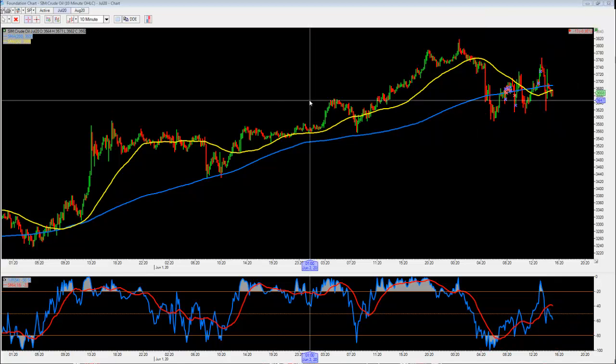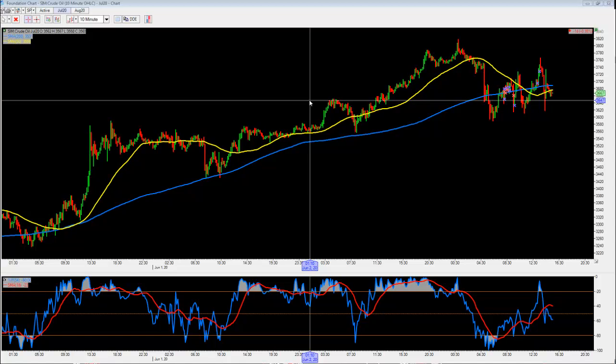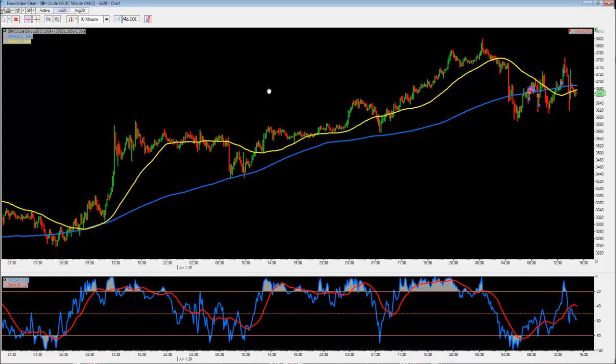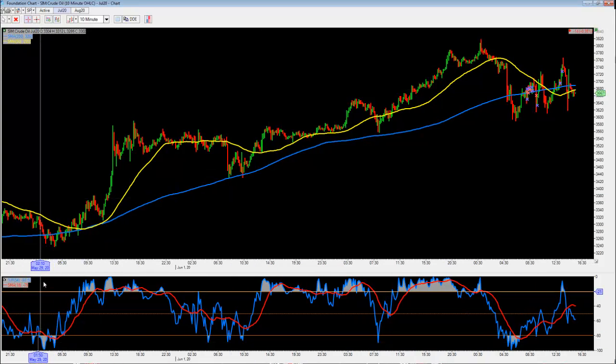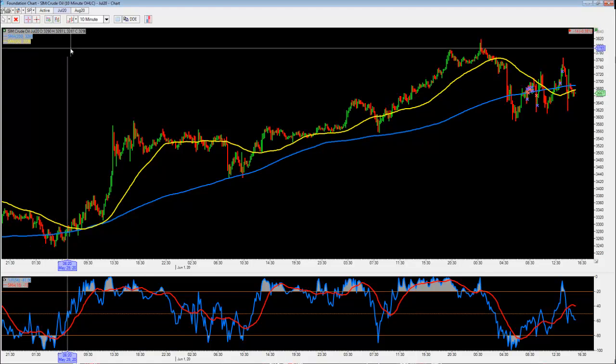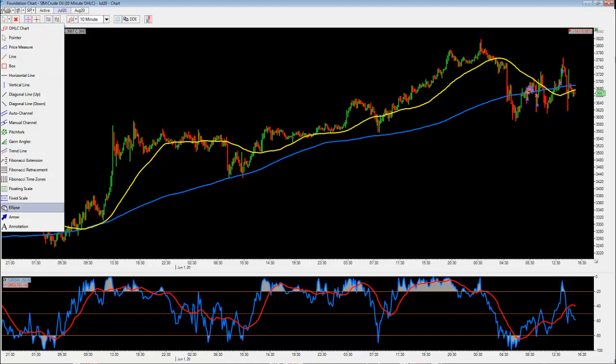All right. So we've added on an 18-period simple moving average, and we want to look back at this wave as an overall. So this was our 0 point. So let's add arrows this time.